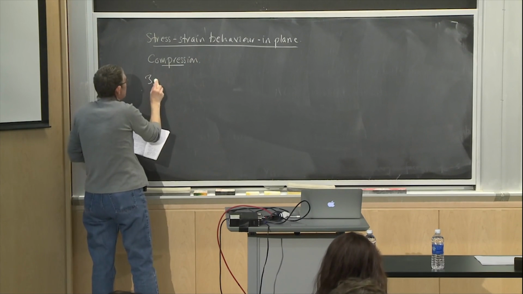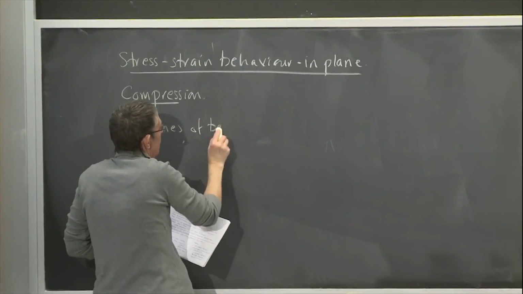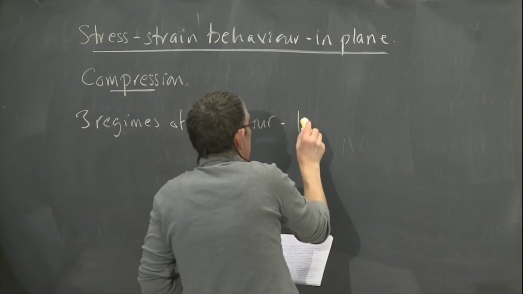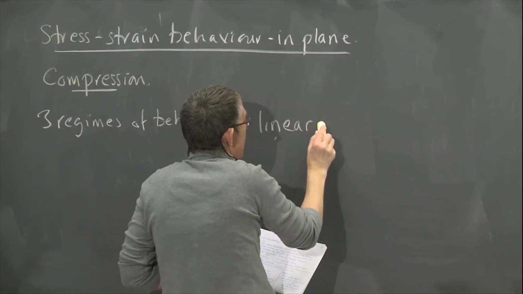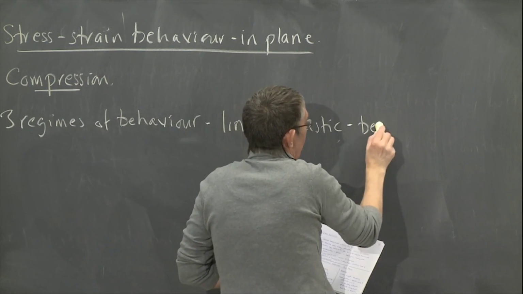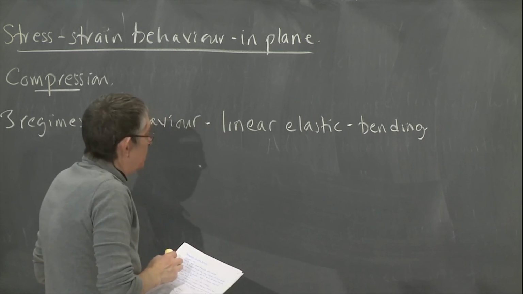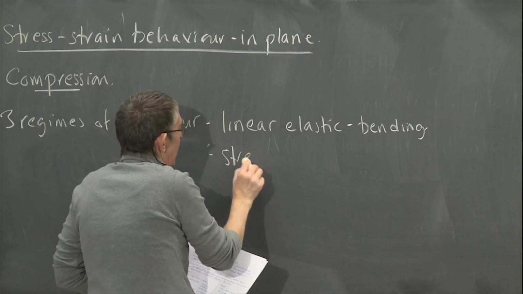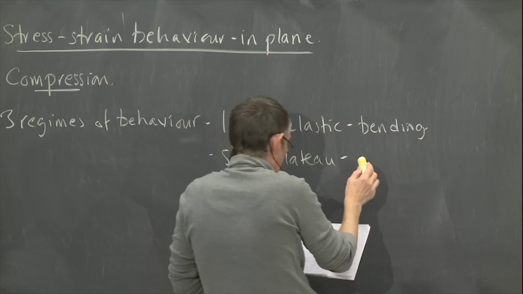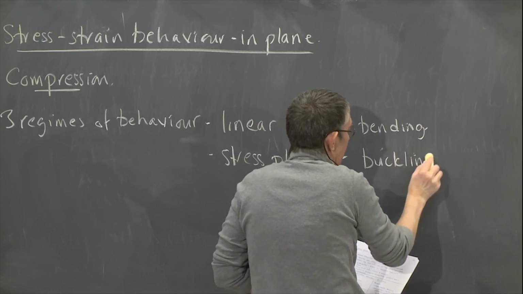So in compression, we can say we have three regimes of behavior. We've got the linear elastic regime initially, and we're going to see that's related to cell wall bending. And then we've got a stress plateau. For elastomeric materials, that's caused by buckling of the walls.